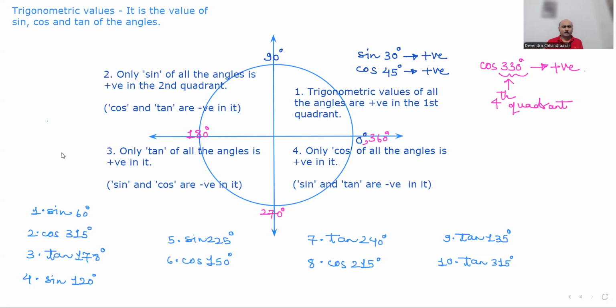ठीक है. All of you are getting it correct. So no point in keeping you waiting. So sine 60 is positive, right? Cos 315 positive. Tan 178 lies in the second quadrant, so negative. This is positive.